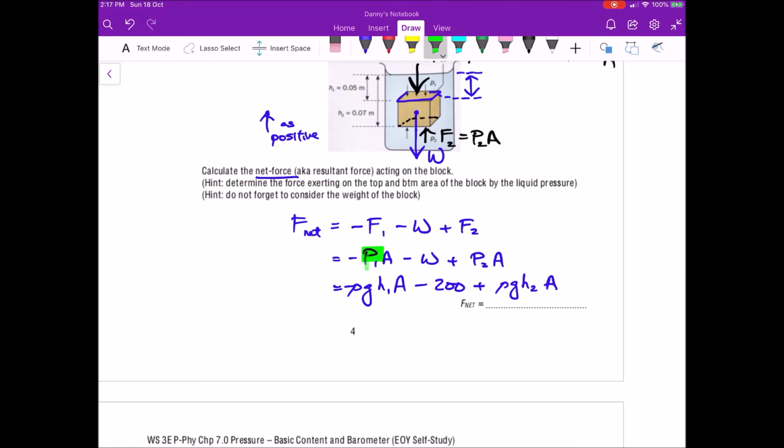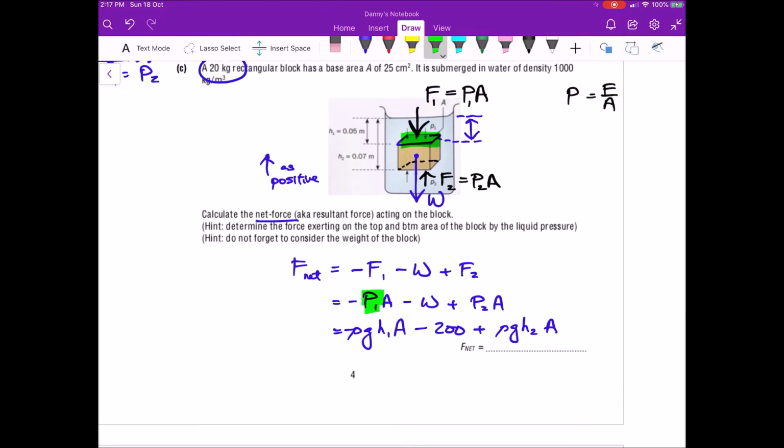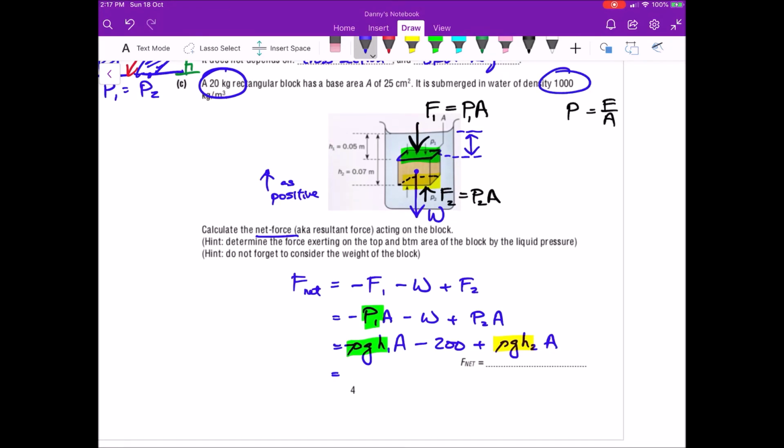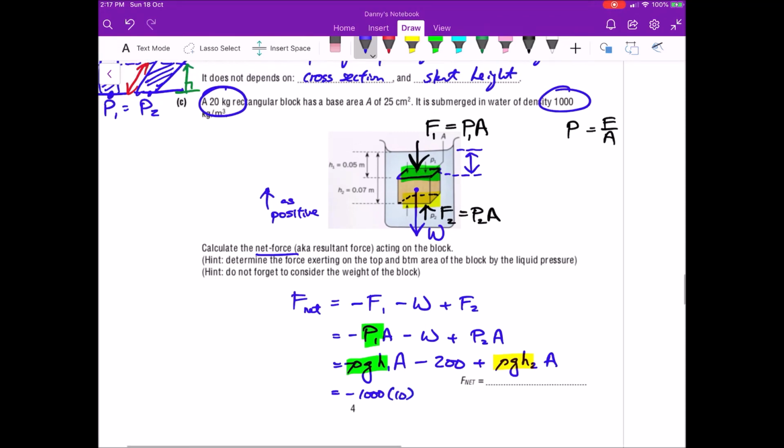This pressure acting on the top side of the block is given by rho g h, and under the bottom there will also be pressure from the fluid, also given by rho g h. Now you can put in all the numbers. Density is 1000, so I have minus 1000 times 10 times A.